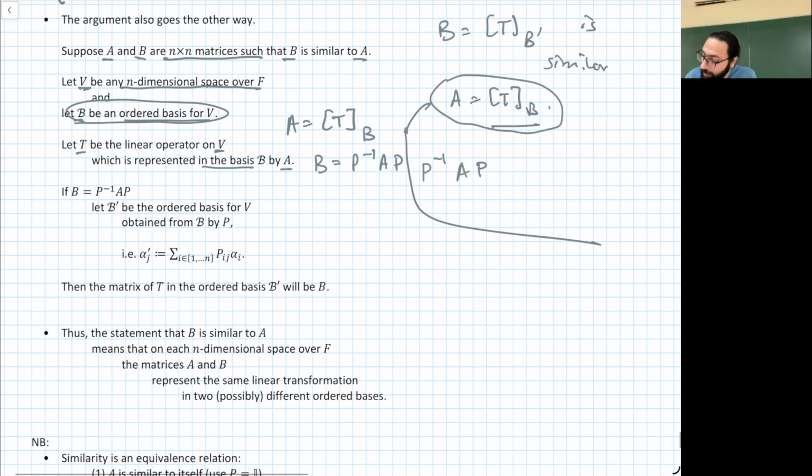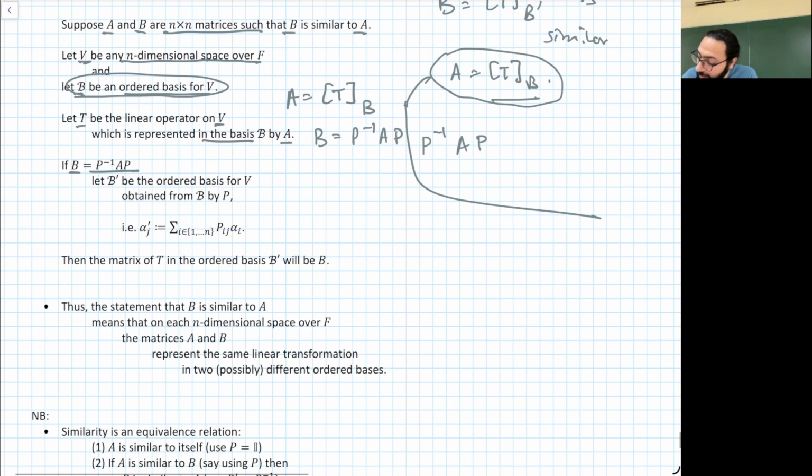Now, if B is equal to P inverse AP, one can let B prime be the ordered basis for V obtained from B using P. One can just define alpha J prime to be the basis obtained by multiplying the basis alpha with P.